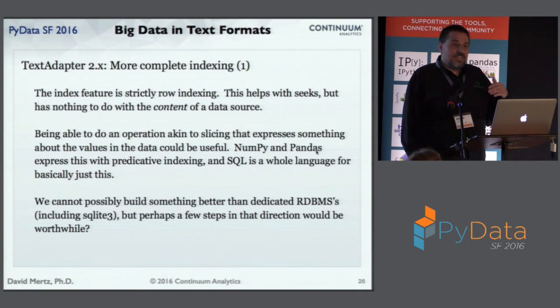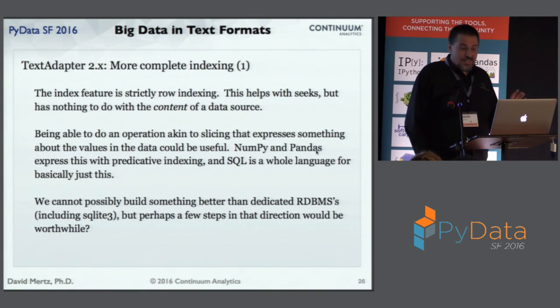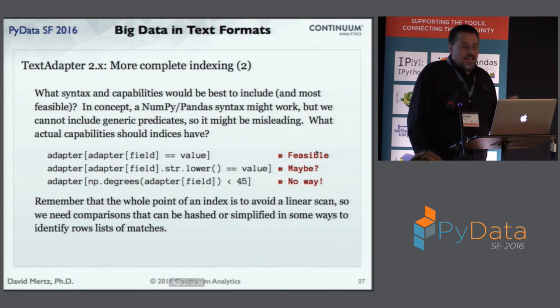And if it's a case where you really want all of that, you should probably just be using one of these things. But on the other hand, there's this in-between case. I said you're using the data a little bit, but not that repeatedly. So maybe we still want some better indexing. And I'm trying to decide, and I'll try to get to some questions, how much better I can be.